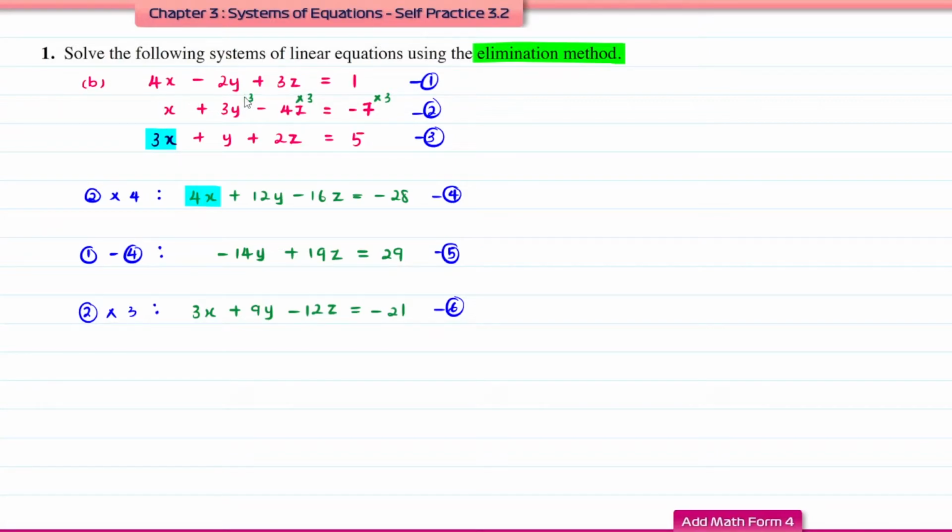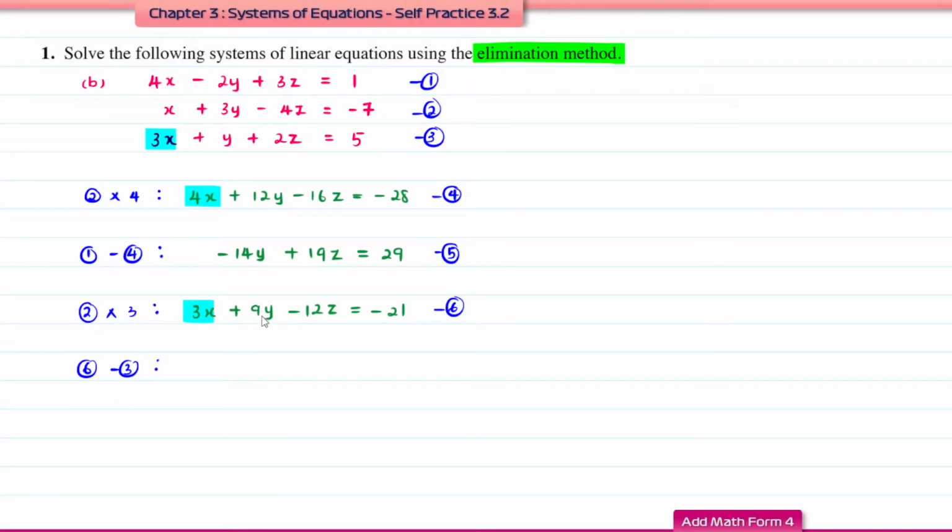Now let us focus on equation number 3 and equation number 6. To eliminate the x here, we are going to subtract as well. So here I'm going to use equation 6 minus equation 3. So 3x will be eliminated.